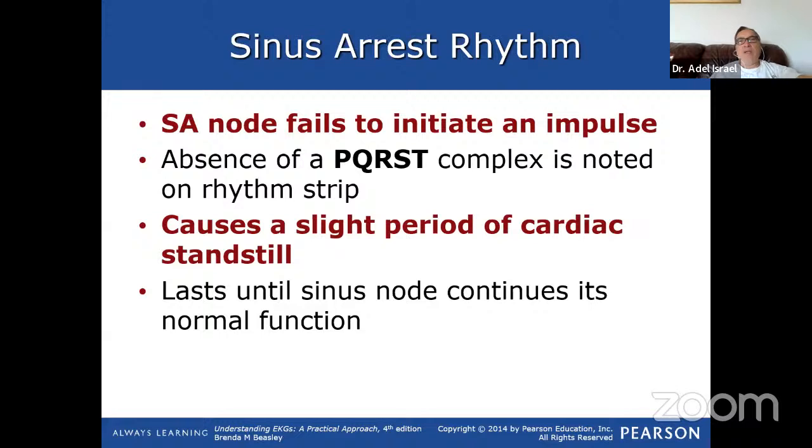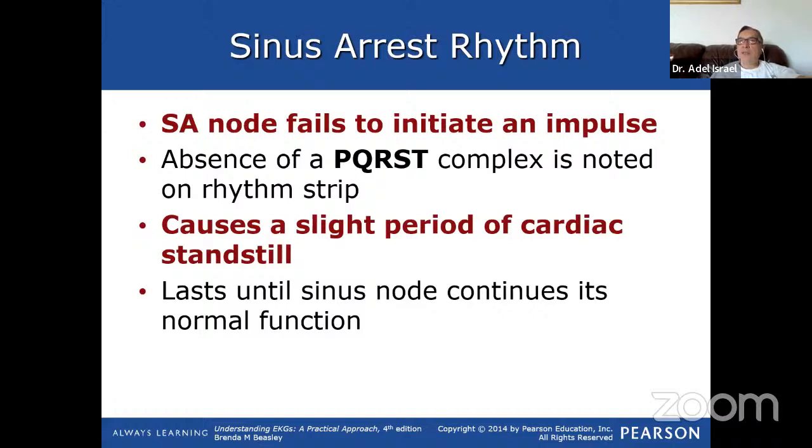Then we have another point, which is what we call arrest. Look at the word arrest by itself. Do you hear about cardiac arrest? What do we mean by cardiac arrest? The heart stops. So sinus arrest means the SA node stops giving impulses. So far, the SA node stops giving impulses, and P and Q and R and S and T are lost.